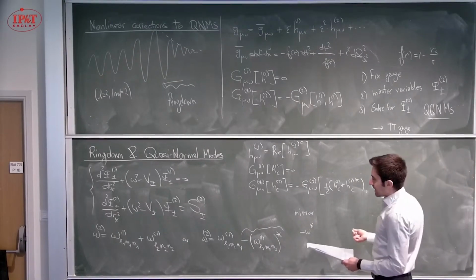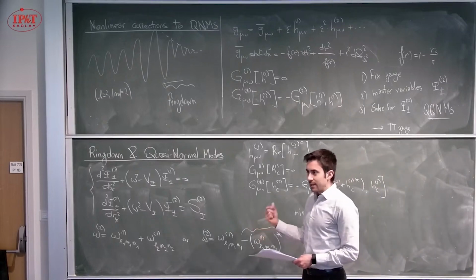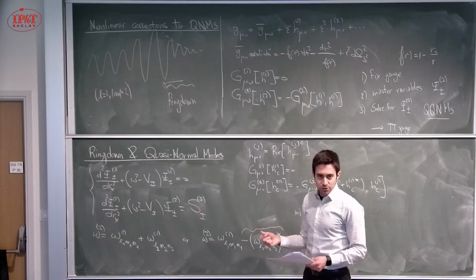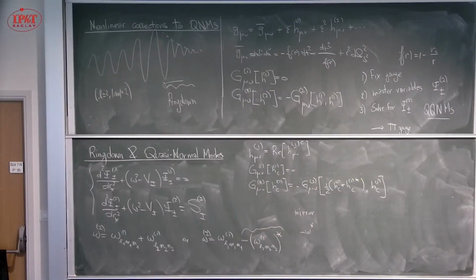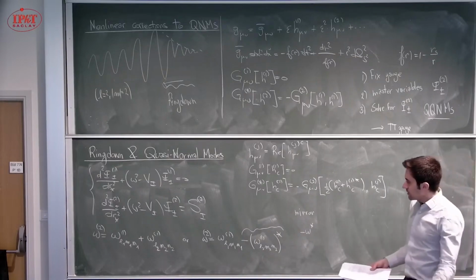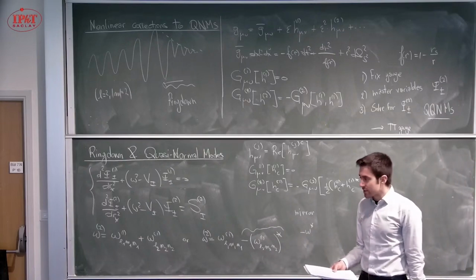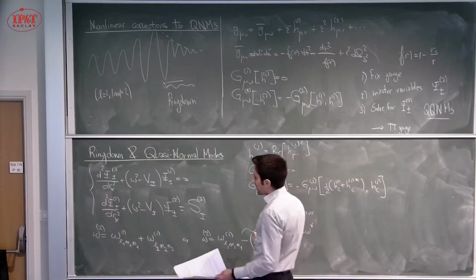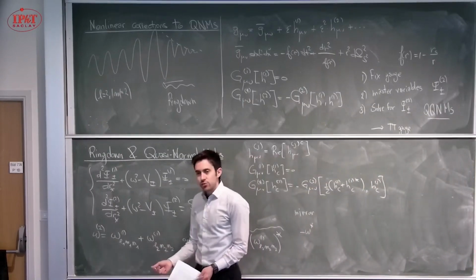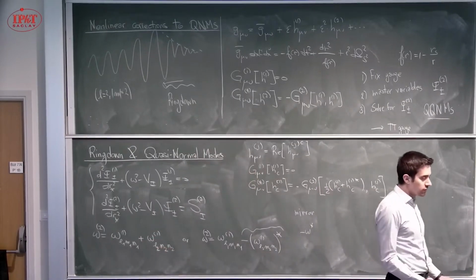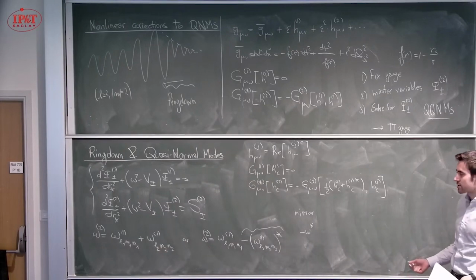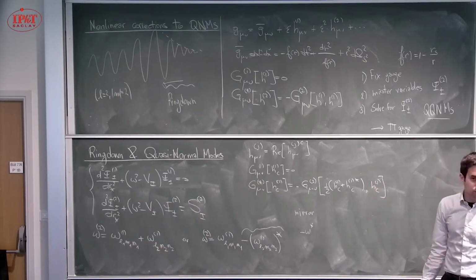So remember that we mentioned last time that the linear quasi-normal modes are isospectral. So the odd and the even part of the spectrum are the same. So they are degenerate and they have the same spectrum of frequencies. Now you expect that at second order this is also true, in the sense that you are combining all possible first-order frequencies, so the outcome is, of course, the same set of second-order frequencies.